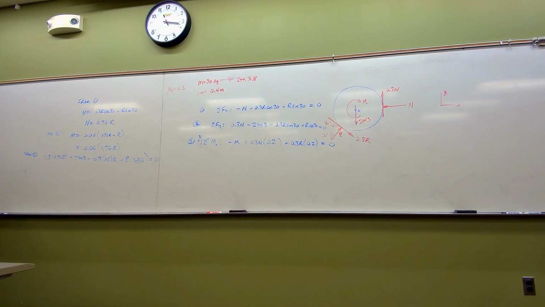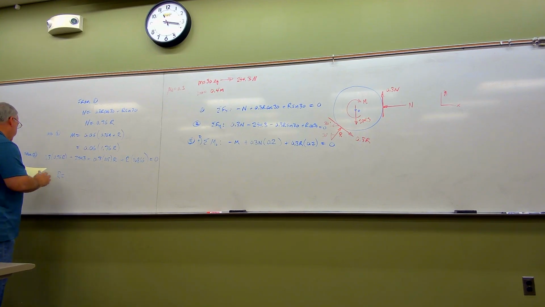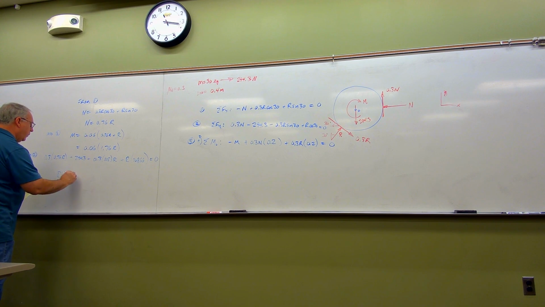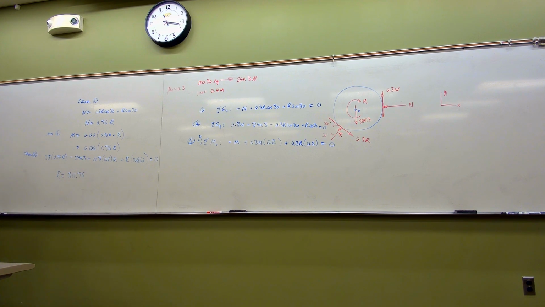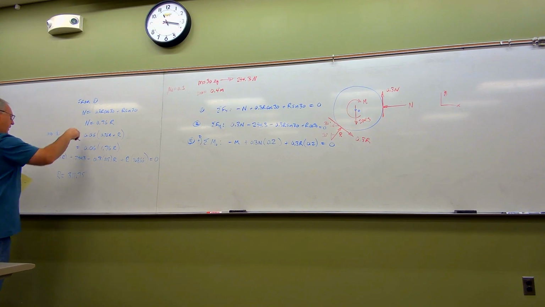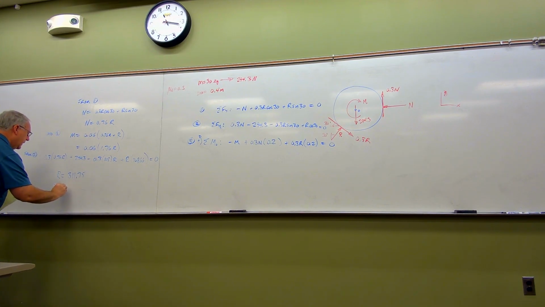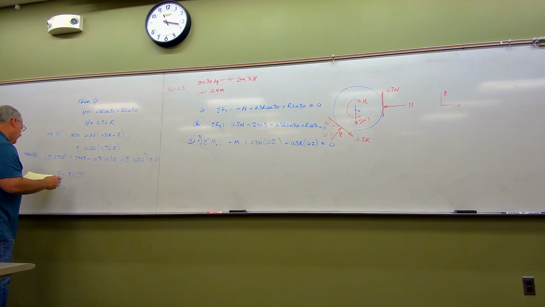I now have an equation that is entirely in r. And folks, when we solve this equation for r, we're going to end up with r being 311.75 newtons. If I substitute that in right here, I'm going to find that n ends up being about 3/4 of that, or 0.76 times 311.75.